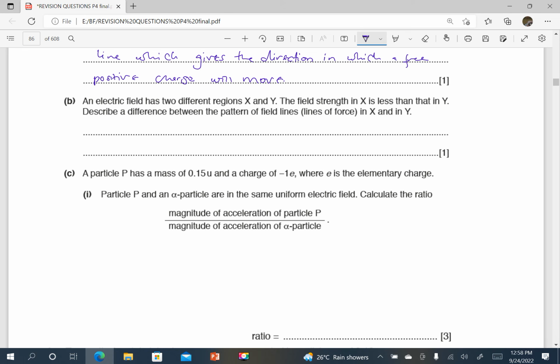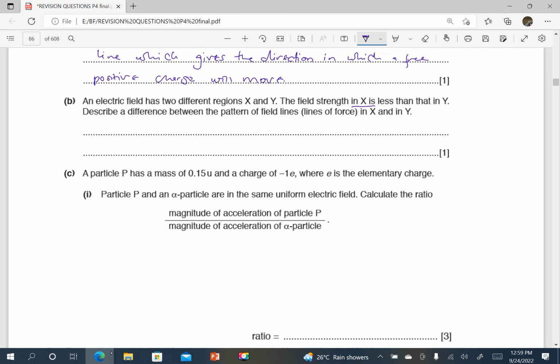An electric field has two different regions, X and Y. The field strength of X is less than that in Y. Describe a difference between the pattern of field lines of force in X and Y. Since X is less, then the field lines must be farther apart. Since Y is greater, the lines are closer together.